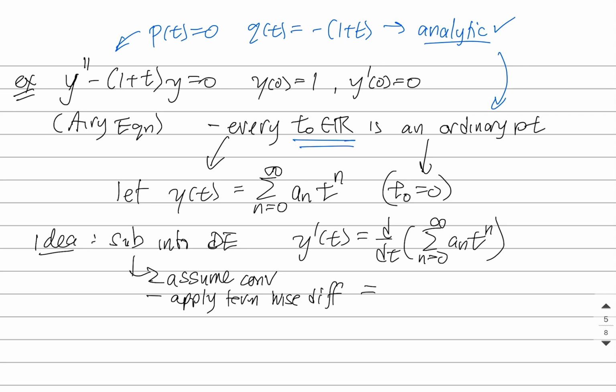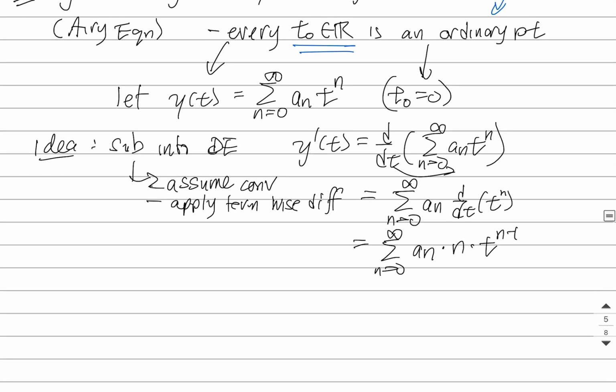So effectively we can pull the derivative inside. We'll get the sum from n equals 0 to infinity of a_n times the derivative of the power term, which is going to end up giving us the sum from n equals 0 to infinity of a_n times n times t^(n-1).